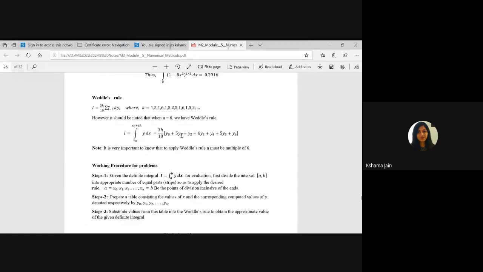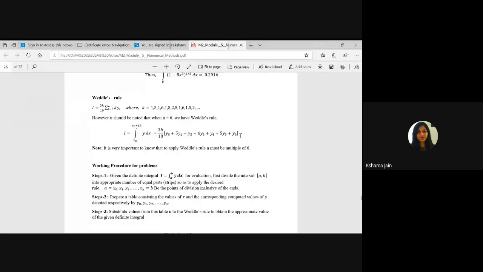Means you try to understand. We start from y naught. Y1 will be multiplied with 5, y2 with 1, plus y3 with 6. Then you have a series of 1 5 1 6 1 5 1 6. Try to understand that 1 5 1 6 1 5 1 and another will come 6 like this.